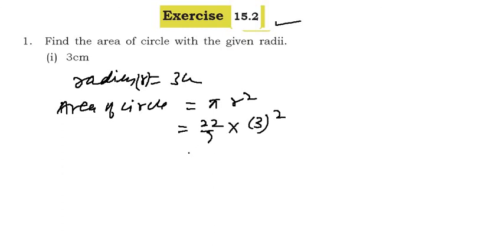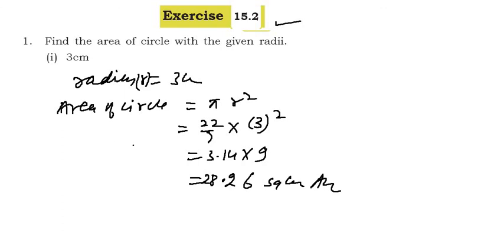So 3 whole square, you can say it is 3.14 also, and this is the 9. So 9 4s are 36, 6, 9 1s are 9, and 3, 12, 1 carry, and 9 3s are 27 and 1, 28. It is in centimeter square or you can say square centimeter. That will be your answer.